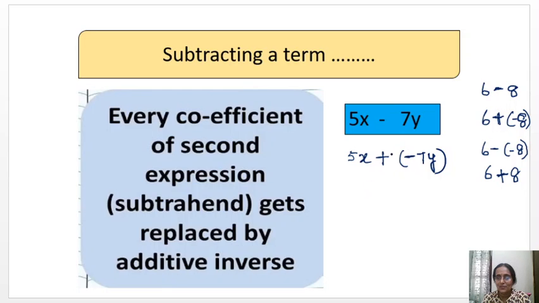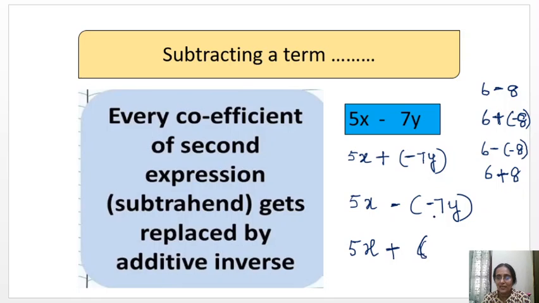Whatever operation rules apply to the integers, we have to follow in algebraic expressions also. Now I'll write one more sum, 5x minus minus 7y. When you have to subtract minus 7y, change the minus sign to plus sign, then write the additive inverse of minus 7y.